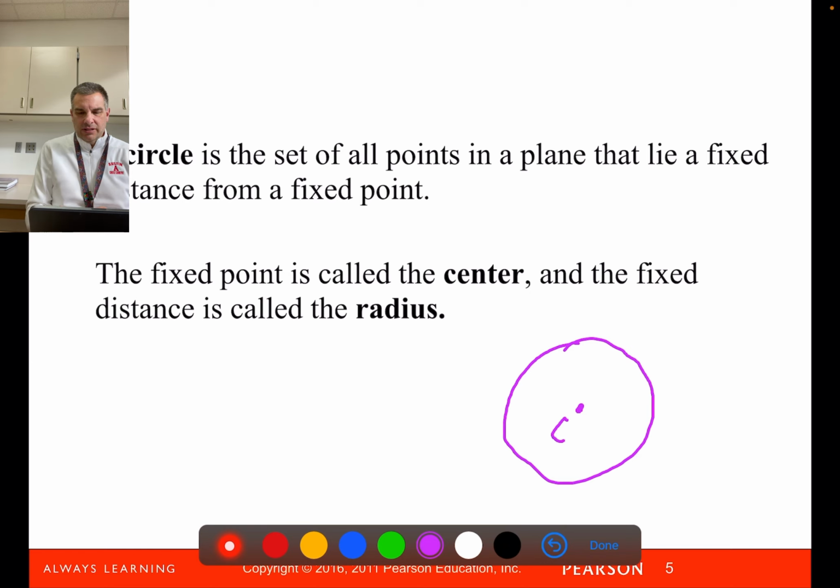That center point is most of the time labeled (h, k), where h is your x value and k is your y value, and then it has a radius, r. That radius is from the center to any point, and the radius is always going to be the same. It's the set of all fixed points.